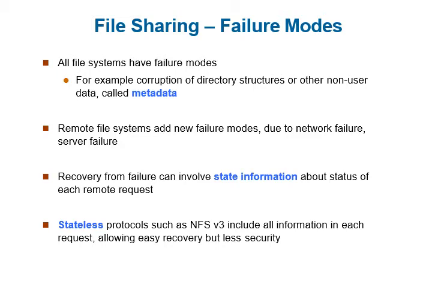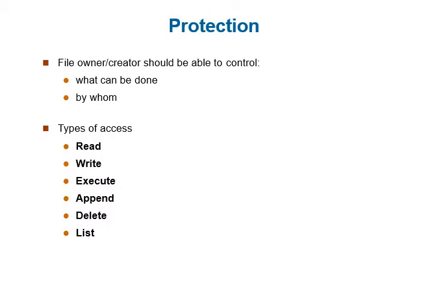Recovery from failures can involve state information about the status of each remote request. A stateless protocol such as NFS version 3 includes all the information about the request, allowing easy recovery and restrictions, but it has less security.